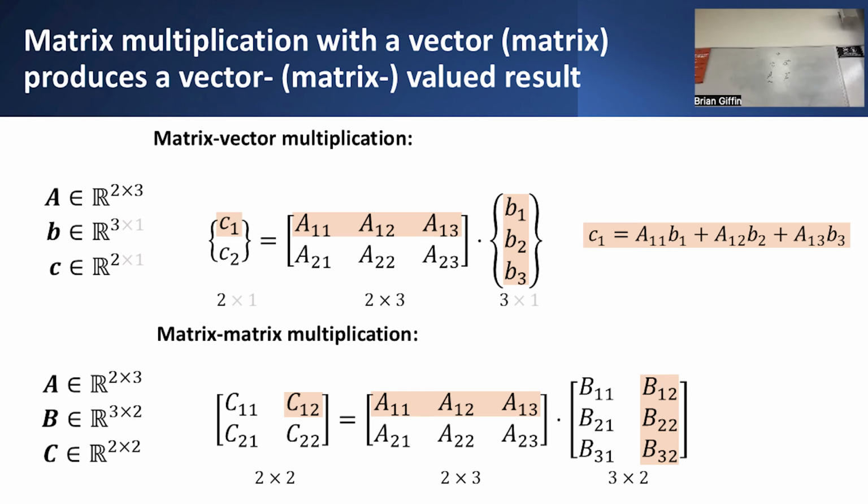Or this vector really has three rows and one column. So if I wanted to think of vectors as just a special case of matrices that happen to have just one column, I can also generalize this notion of matrix vector multiplication into how I should interpret and define multiplication between two matrices.